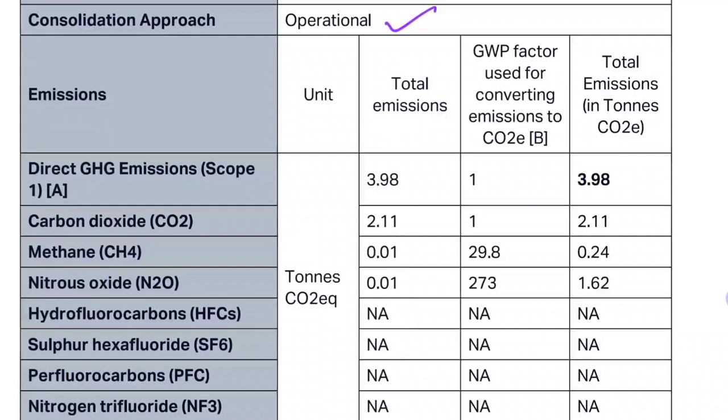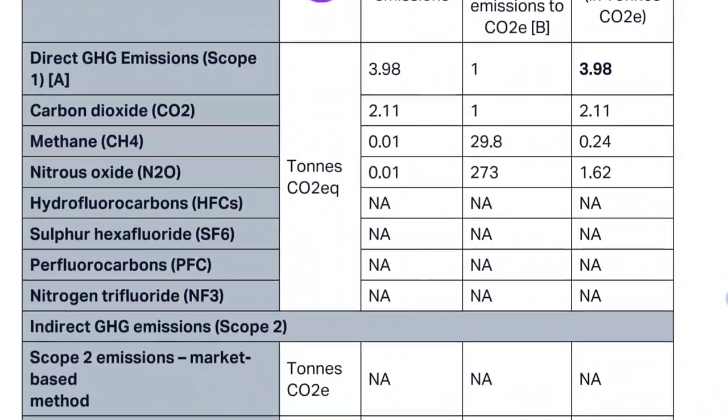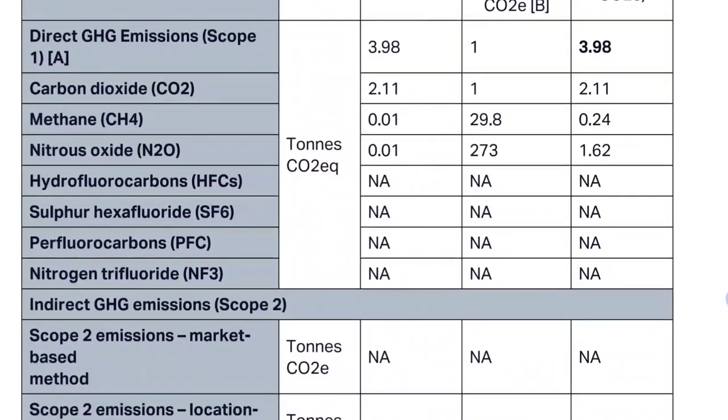So what are the emissions? Their units, types of emission, total emissions, GWP factor used for converting emissions to equivalents of carbon dioxide. So what is the total emissions in tons of equivalent CO2 emissions? If you see, there are different types: scope 1, scope 2.